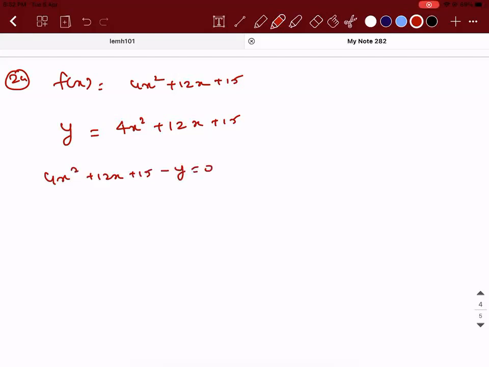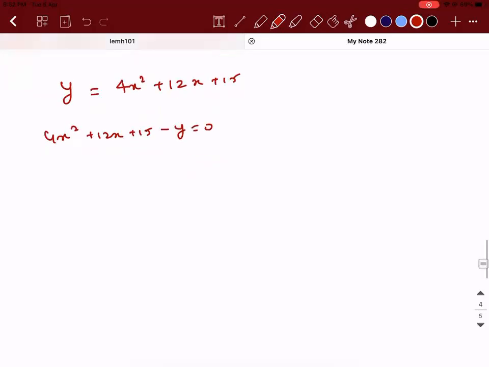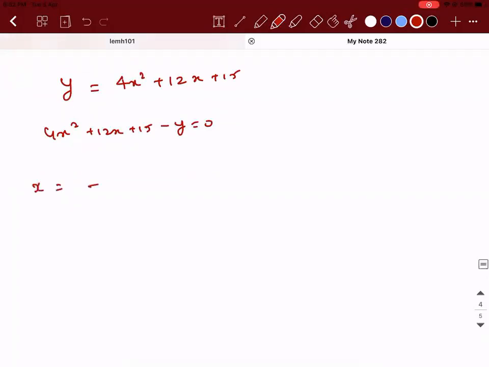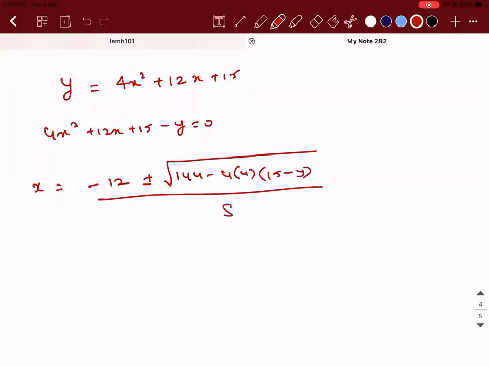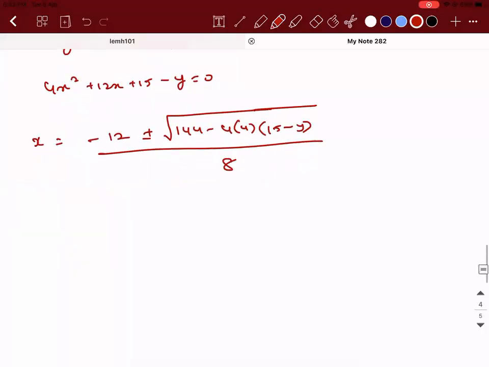So what is this now? Previously it was a polynomial. Now it is a quadratic equation. For a quadratic equation, what is the solution? Minus b plus or minus square root of b square minus 4ac, the whole divided by 2a.